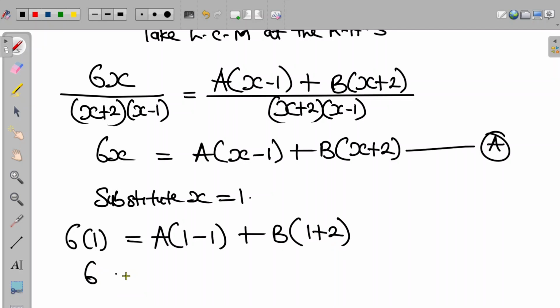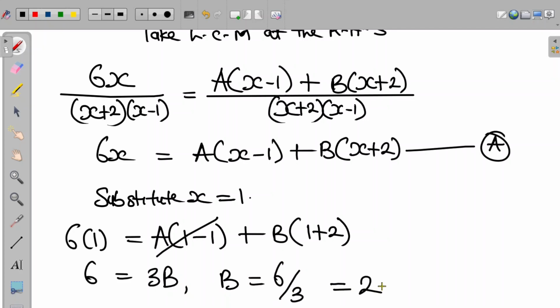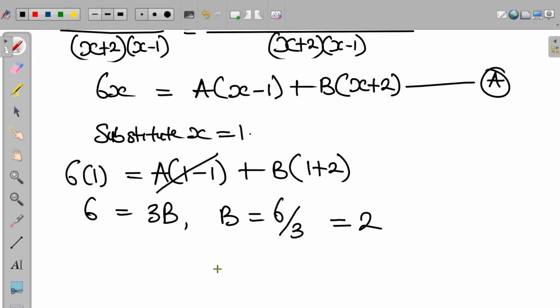So 6 is equal to, 1 minus 1 is 0, so a times 0 is 0. 1 plus 2 is 3, multiplied by b, so we have 3b. So we have that b is equal to 6 divided by 3, which is equal to 2. So therefore, b is equal to 2. Now at this point, we have obtained the value of b.